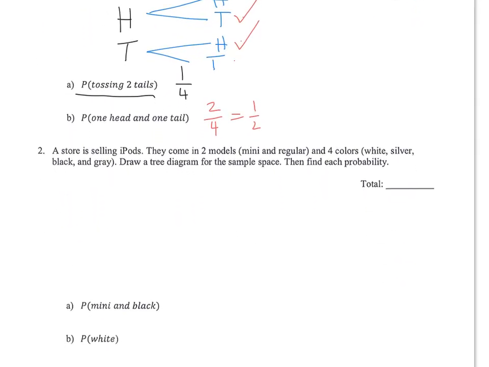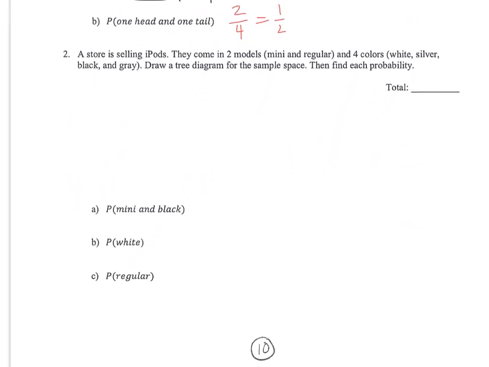So I'm going to draw another tree diagram. A store is selling iPods. They come in 2 models. So we're going to have a column for our models and a column for our colors. Our models are mini and regular.